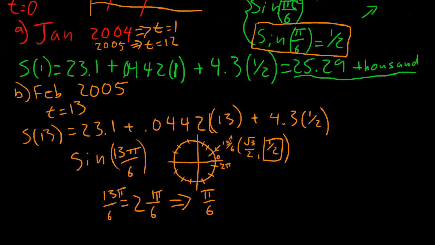We're left with 25.82. And again, that's in thousands. So that'll be 25.82 thousand skis that they will sell in the month of February 2005.